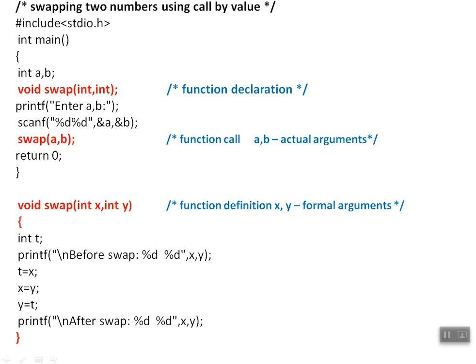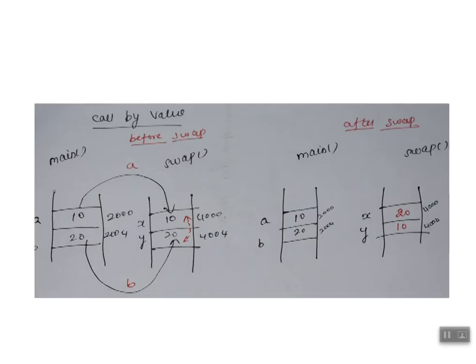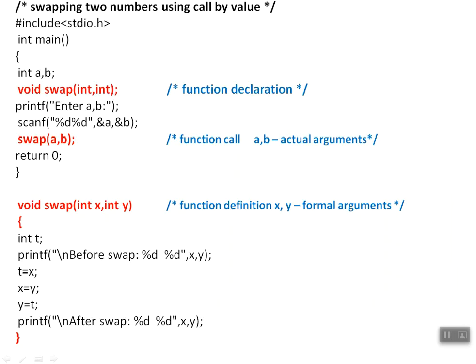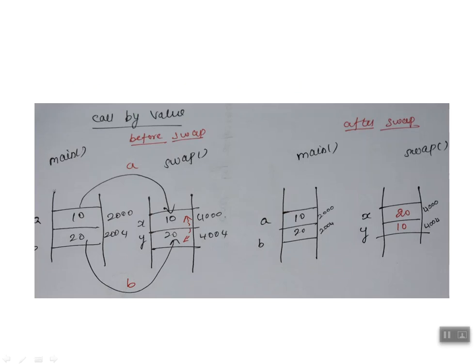So what we are doing here, we are going to copy a to x and b to y. So a will go to x and b will go to y. Now a and b are 10 and 20, x and y are also 10 and 20. You know that a and b and x and y are at different memory addresses, right? Where we are applying swapping actually, we are swapping only x and y, right? So x and y will be swapped from 10 and 20 to 20 and 10.